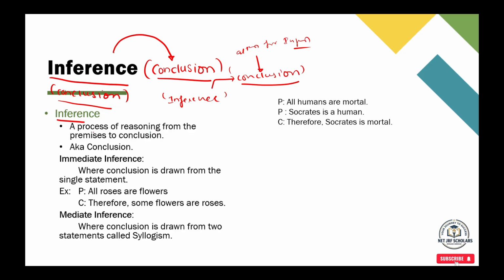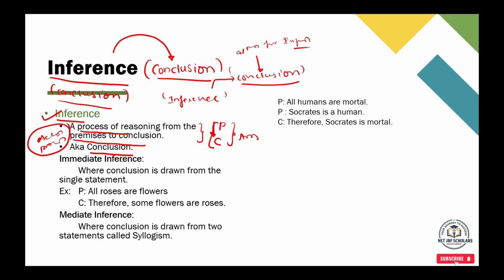Inference is a process of reasoning from premises to conclusion. When you get from premises to conclusion, it means an argument, and this process of getting from premises to conclusion is nothing but an inference. It's an activity, a process, and sometimes it is also called a conclusion.